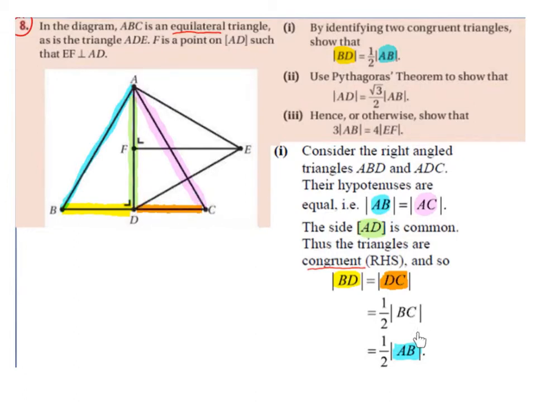And BC is equal to AB, because ABC is an equilateral triangle. So DC is equal to half BC, which is equal to half AB. So BD must be equal to half AB, which is what we were asked to show.